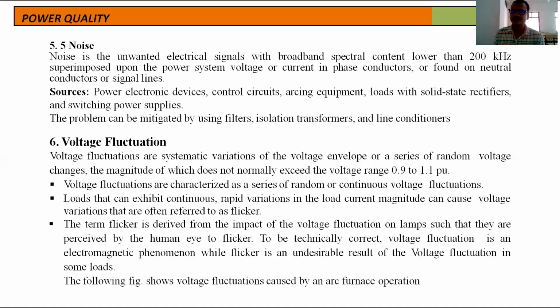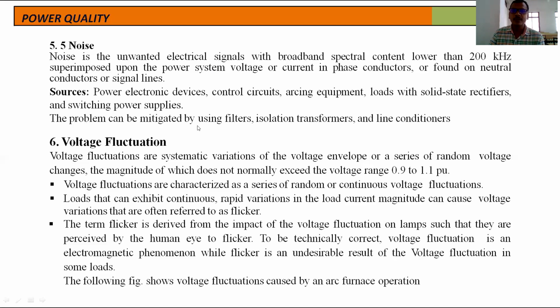Noise is simply an unwanted electrical signal, but its bandwidth is small, lower than 200 kHz, superimposed upon the power system voltage, or in the phase conductors, or found in the neutral, or found in the signal lines.